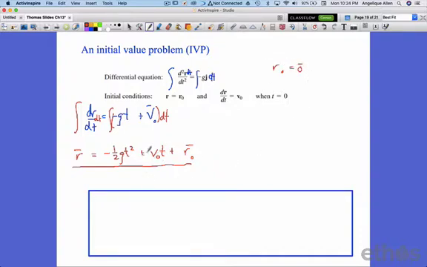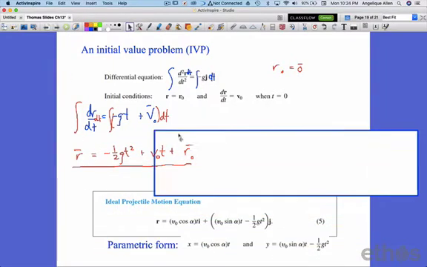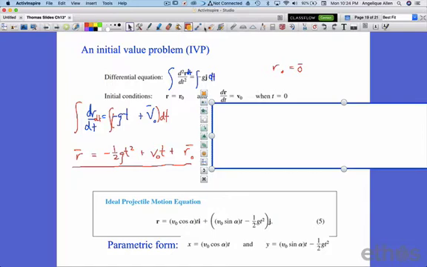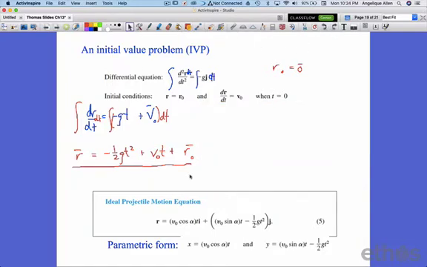We have some substitutions we can do here. Once we substitute in our values for v naught, we're going to wind up with these components, and then our r naught is just plus 0, so that doesn't change anything. We have an equation for ideal projectile motion.